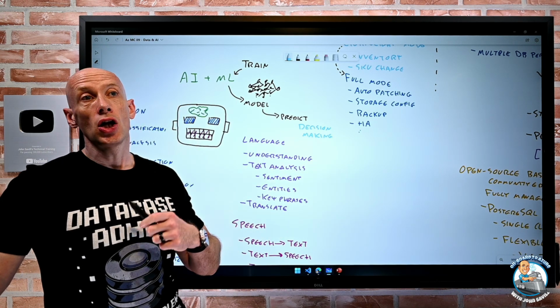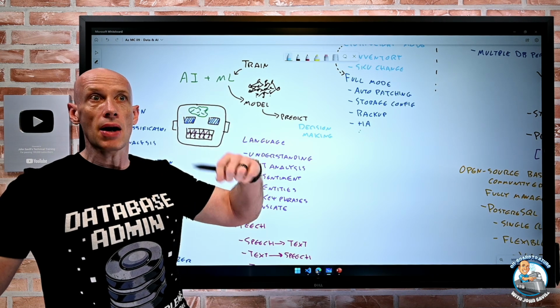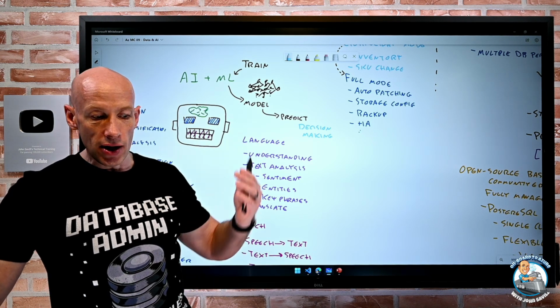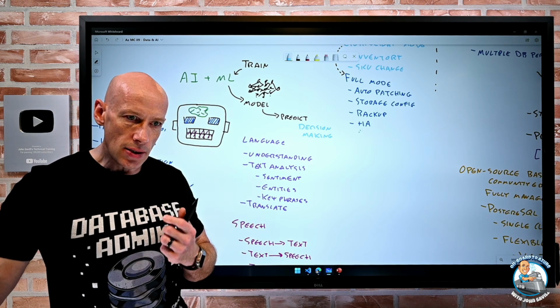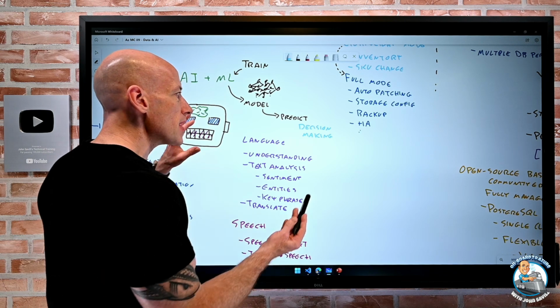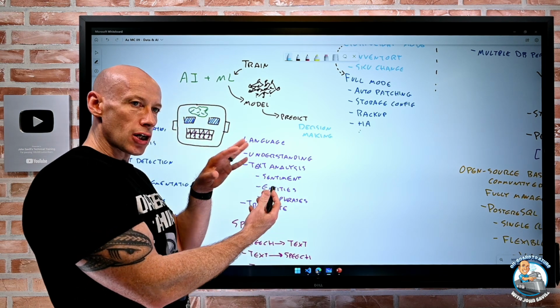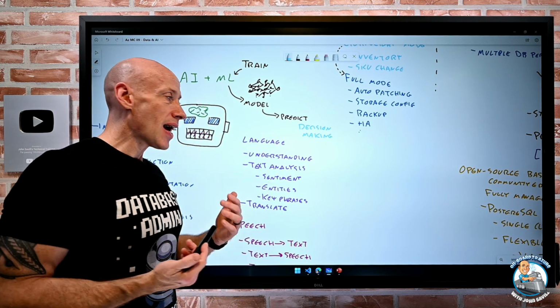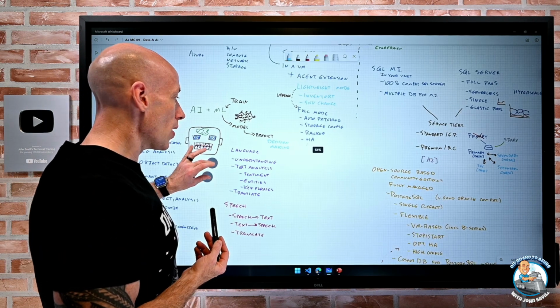Hey, I'm using machine learning to detect when you normally get busy. I'm going to auto scale ahead of the event. I'm going to alert you when you're outside of your normal thresholds. So there's a lot of different things. Yes, I can have particular models and particular cases around decision making and prediction, but also a lot of other Azure services are just leveraging this as well.